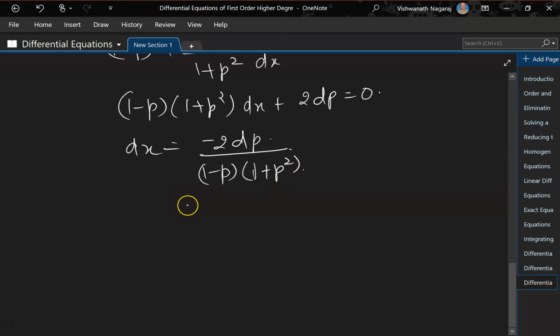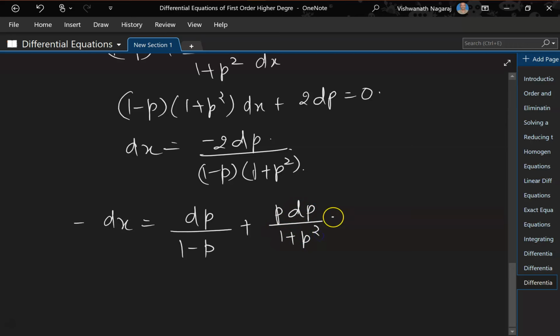So here I'll just take a shortcut and directly say that this can be written as dp by 1 minus p plus p dp by 1 plus p square plus dp by 1 plus p square. If you want to verify it, just take the LCM and add it up.